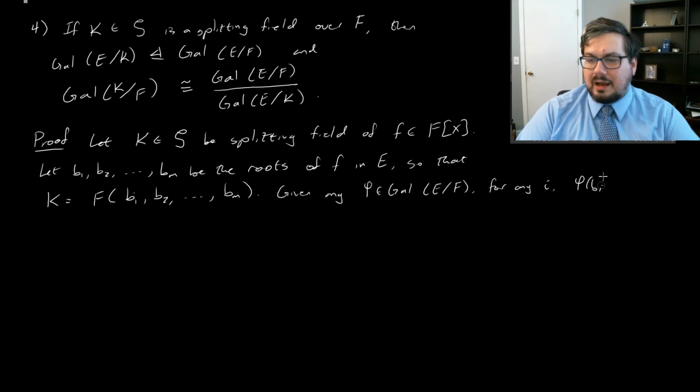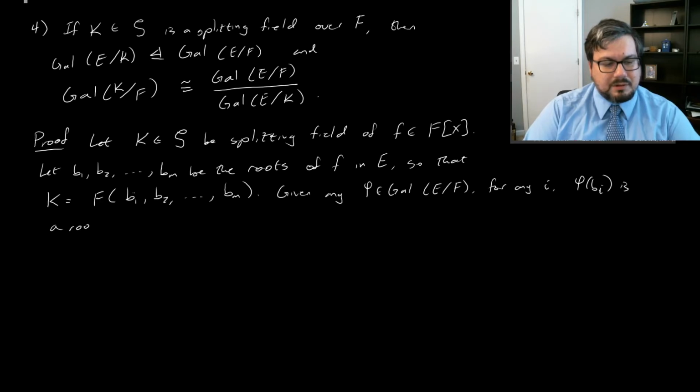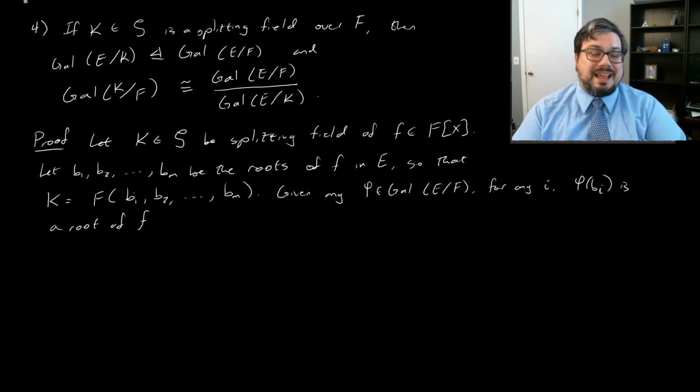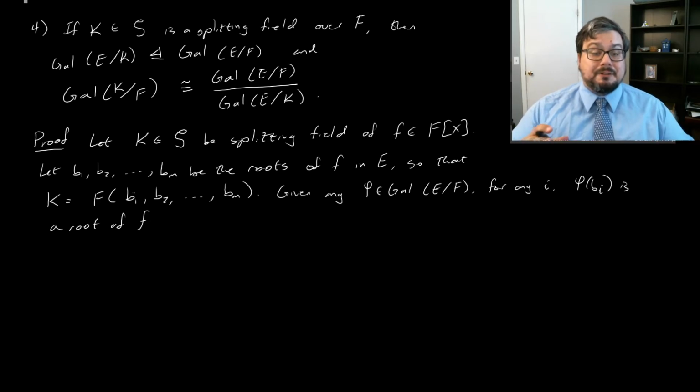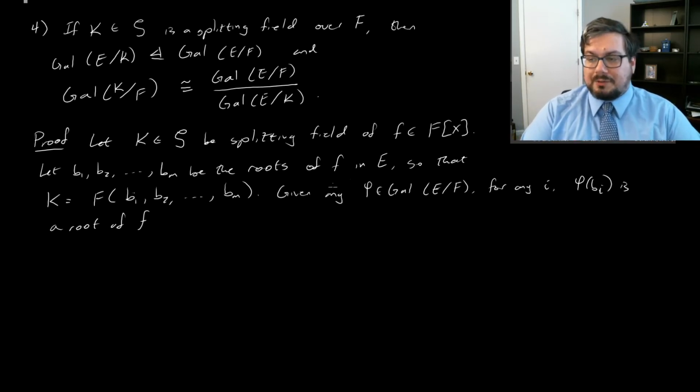Now, given any phi in the Galois group of E over F, we have that for any i, phi of Bi is a root of little f. We've seen this before, that any element of the Galois group must permute the roots of any polynomial over the lower field. So phi of Bi is a root of f.